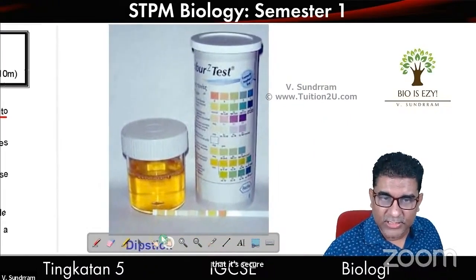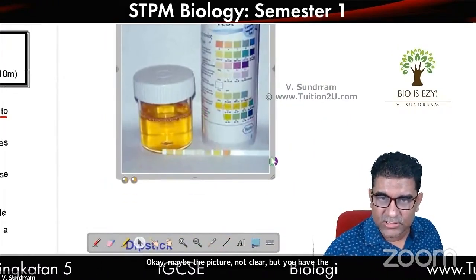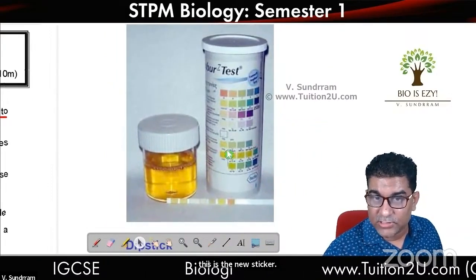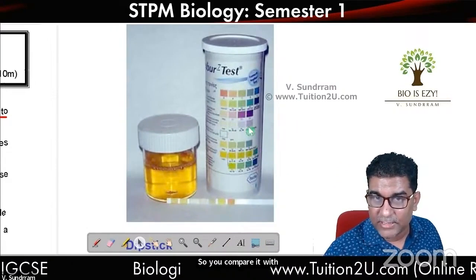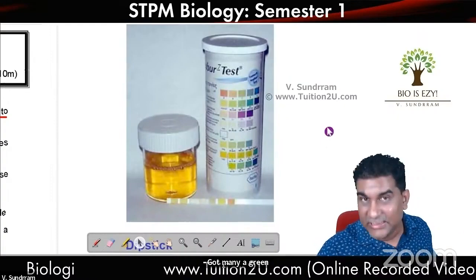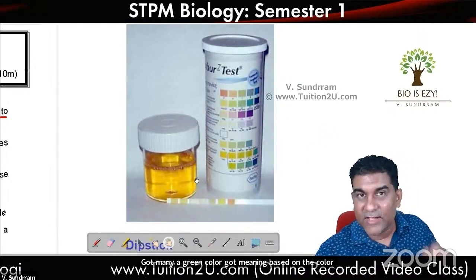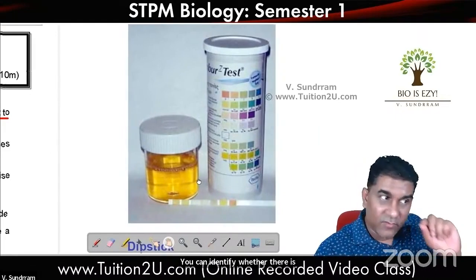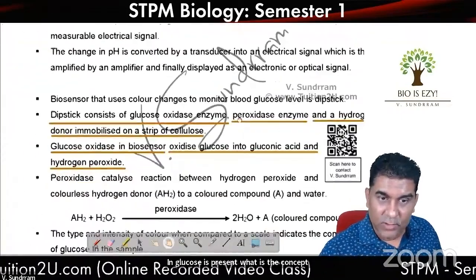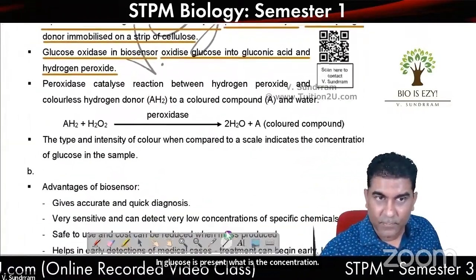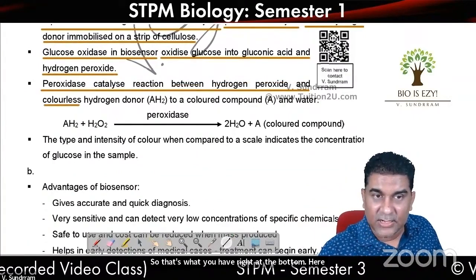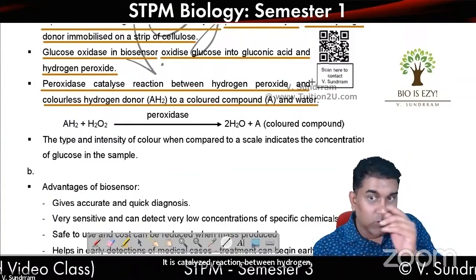After you do the test, let's assume this is the dipstick. You compare it with a scale, like you see the green color has many shades. Based on the color and the intensity, you can identify whether glucose is present, and if so, what the concentration is. Peroxidase catalyzes the reaction between hydrogen peroxide and colorless hydrogen donor to produce a colored compound.